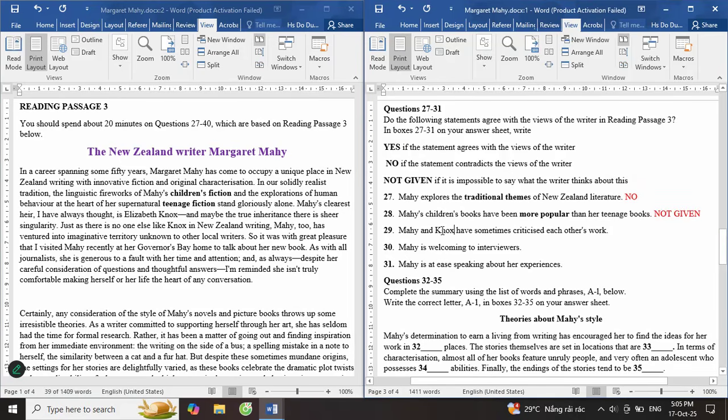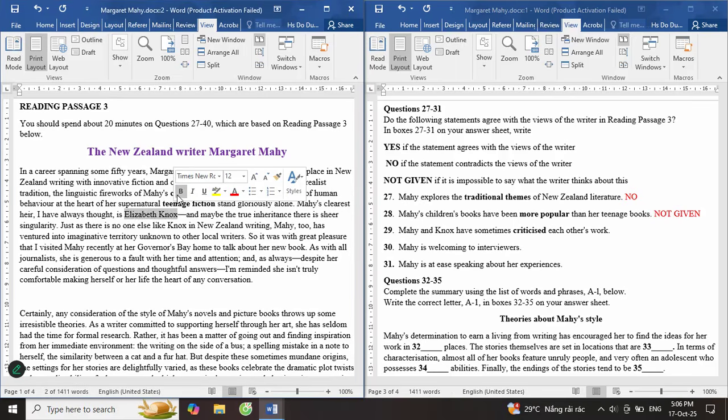Okay, because I do see Knox here, so maybe we can answer number 29 too. Criticize each other. To criticize means to find something negative about the other person, right? And we do see the name here, Elizabeth Knox.